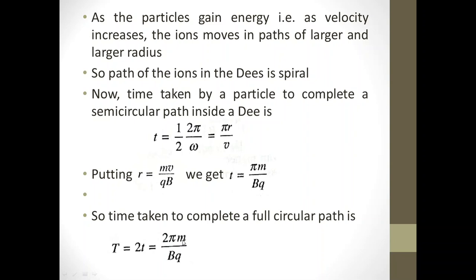So if I have a particle of mass m which is constant, charge q which is constant, and we apply a constant magnetic field, that means the time taken by the particle, irrespective of the circular path inside the D, irrespective of the radius, irrespective of the velocity of the particle, is fixed.